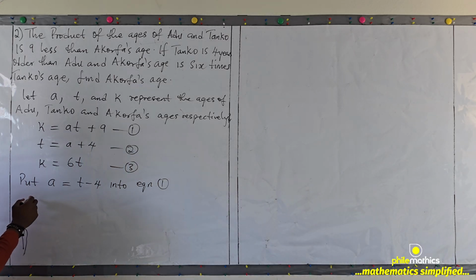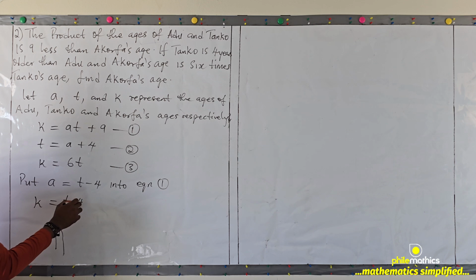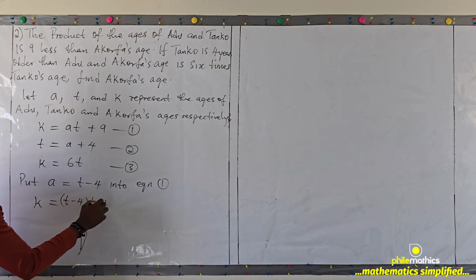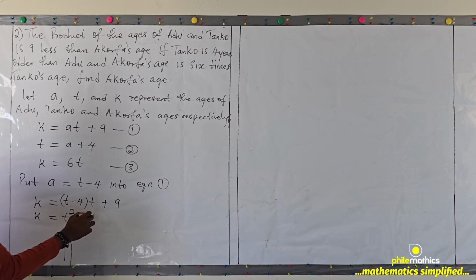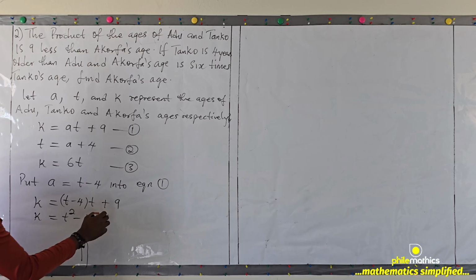We will get K equals T minus 4 times T plus 9. And so if we open the bracket, we have K equals T squared minus 4T plus 9.